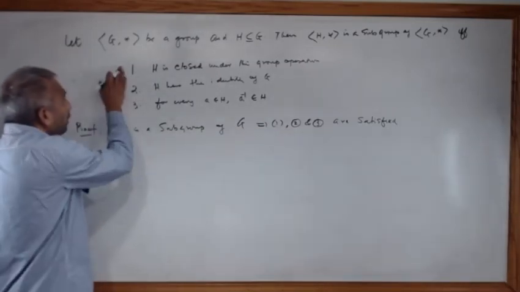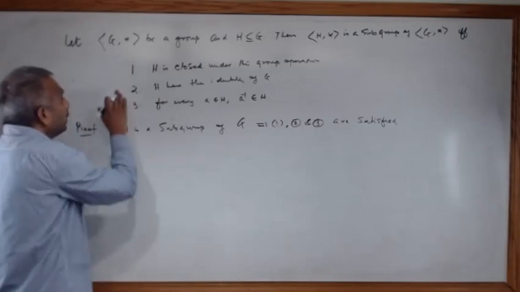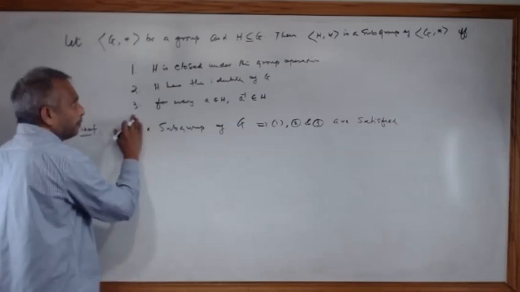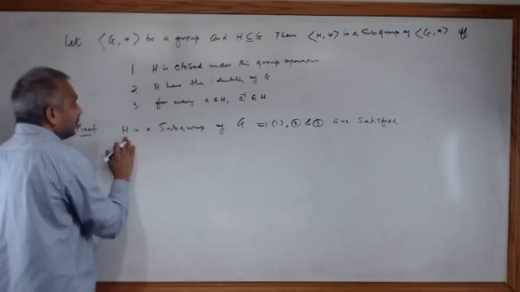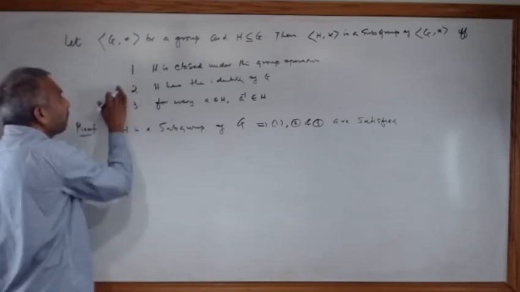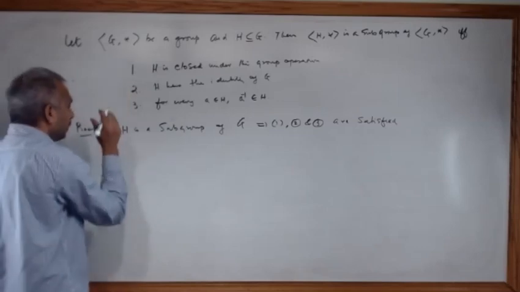But we want to find out if this is true, then H is a subgroup. In order to prove that H is a subgroup, we need to prove that H itself is a group. So what are the conditions on H? The only condition which is not shown here is associativity.